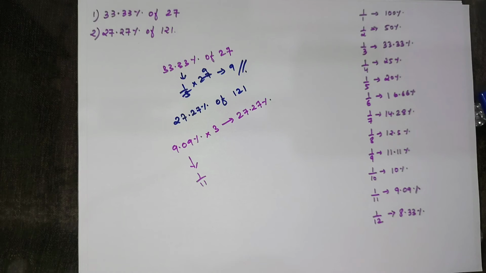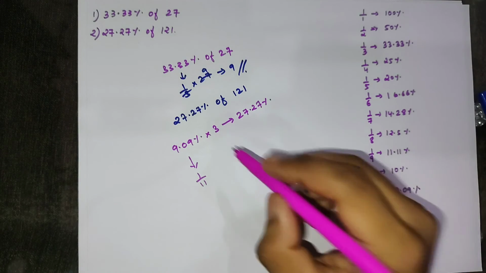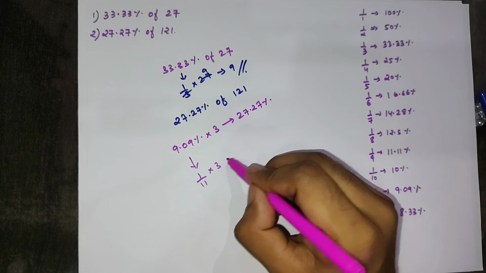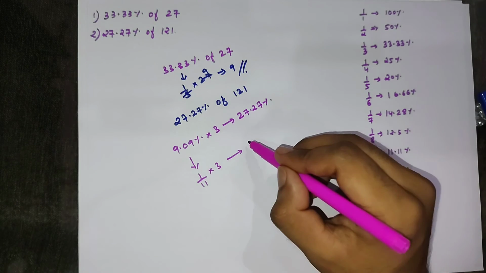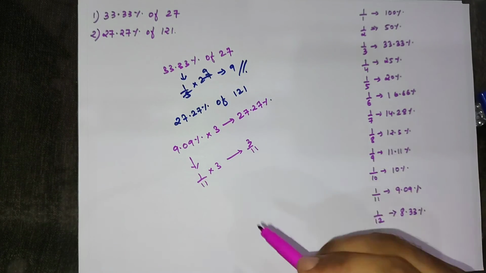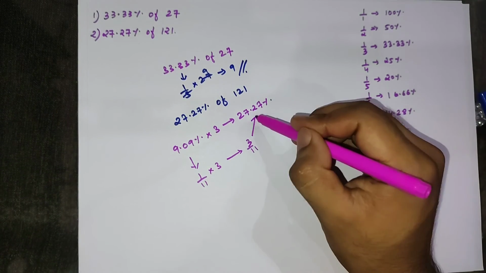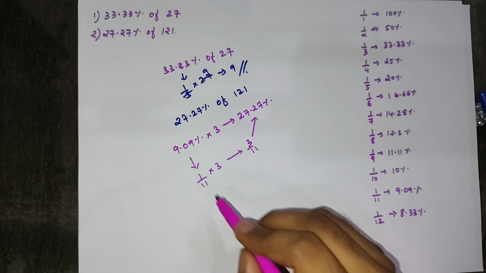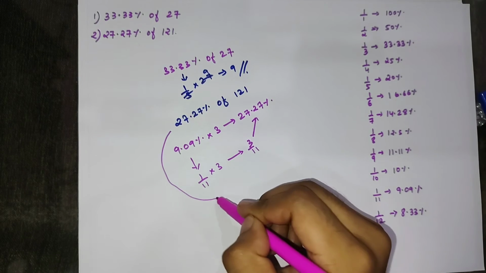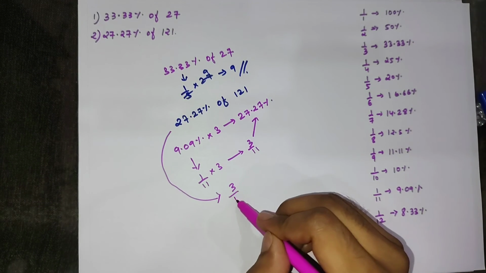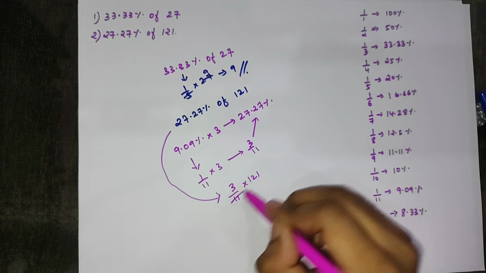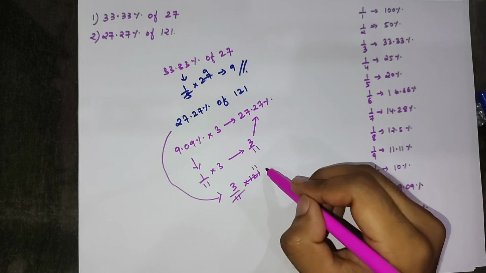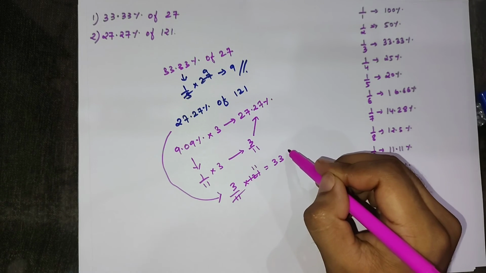Am I right or not? So for this also we'll have to multiply by 3. This will be 3 by 11. Now we know that 3 by 11 is equal to 27.27%. So we can write it like this: 3 by 11 into 121. 11 11s are 121, so 33 will be the answer.